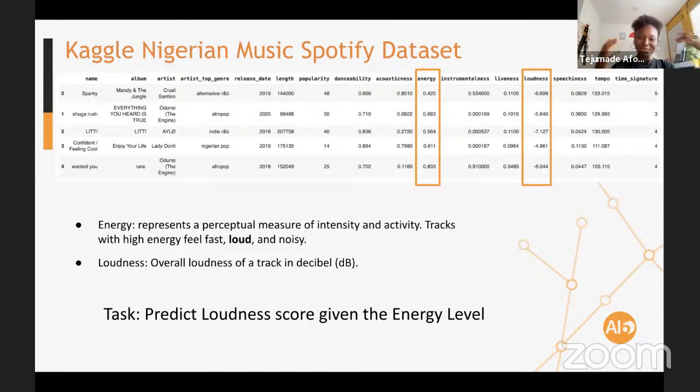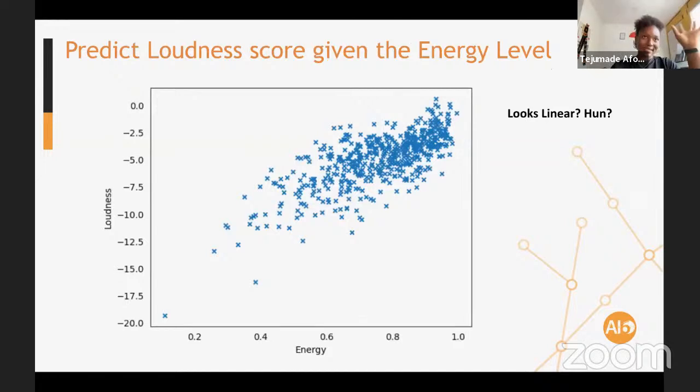We're just trying to do something here to motivate and understand the concept. In a real-life situation, I'm not sure why you would have a Spotify data set and all you're trying to predict is the loudness given the energy. But let's say in that world, this is what we're doing.